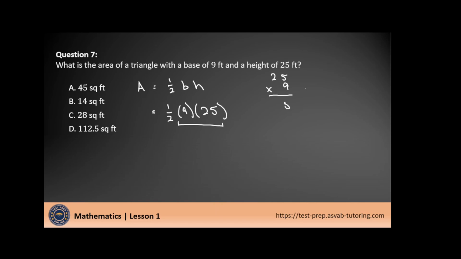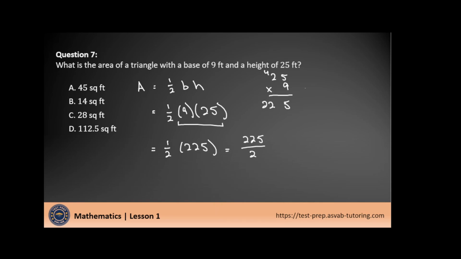Five times 9 is 45, carry the 4. 2 times 9 is 18, plus 4 is 22. So we have area equals 1/2, 225, equals 225 divided by 2, right?